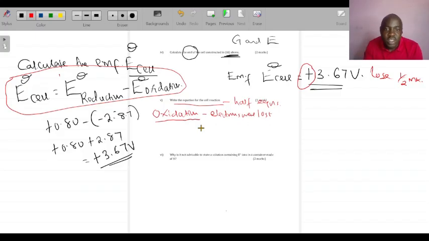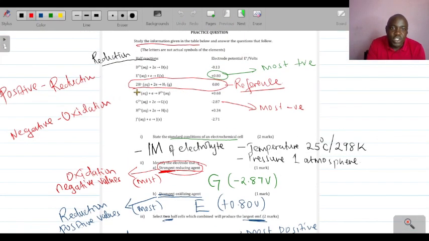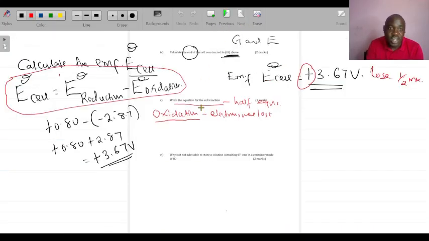So the oxidation was taking place in G. So let us go back and see. G has an oxidation state of +2, or the charge is 2. And E, remember, has an oxidation state of +1. That's very important. So we are saying G undergoes oxidation.